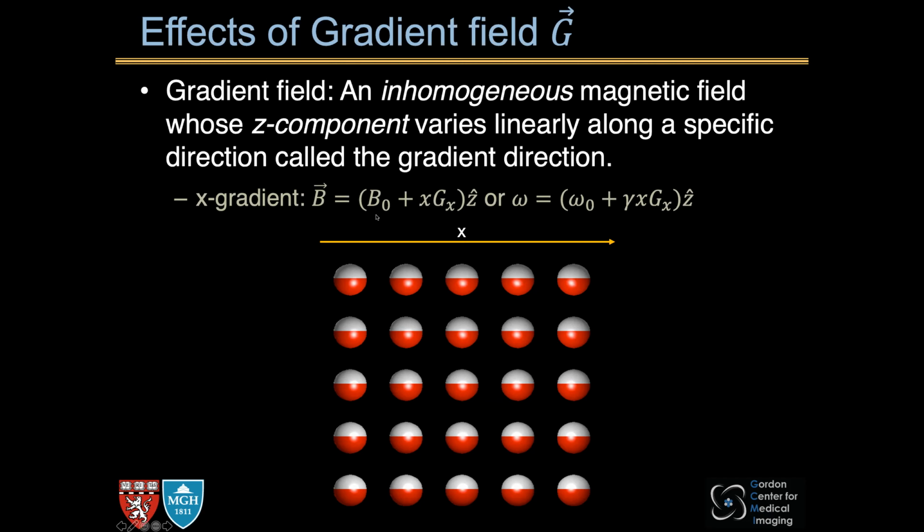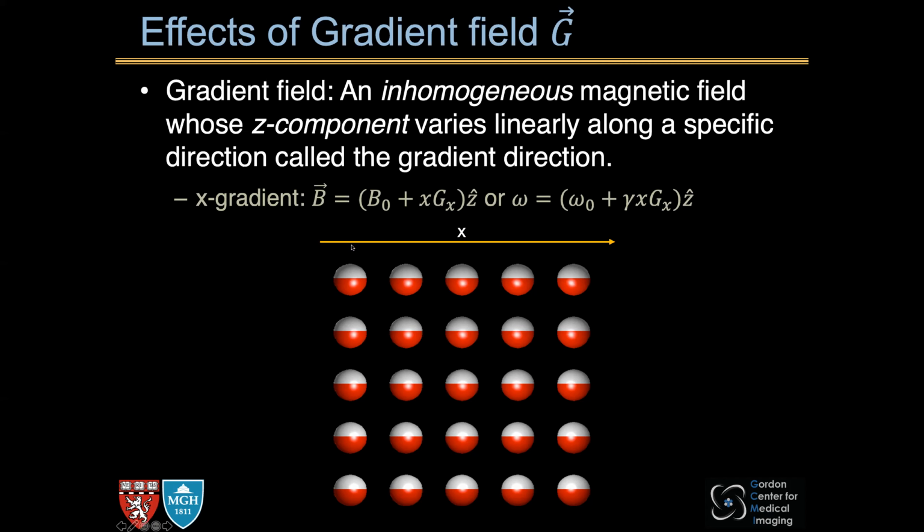One is the main magnetic field, which is spatially uniform, and a small term, which is the spatial location X times the strength of the gradient. So this in total gives us the external magnetic field in the presence of the main magnetic field and the gradient field. So what does it do?